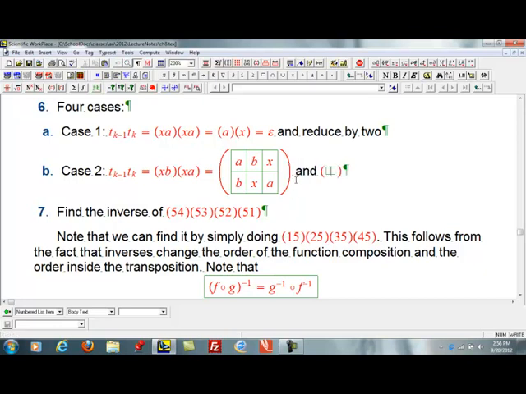Now notice that they write down something else here. They give on the second line another product to check. What is the set of transpositions on the second line? XB times XA equals XA times AB. Yeah, XA times AB.